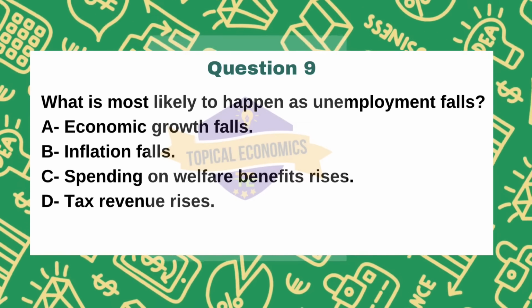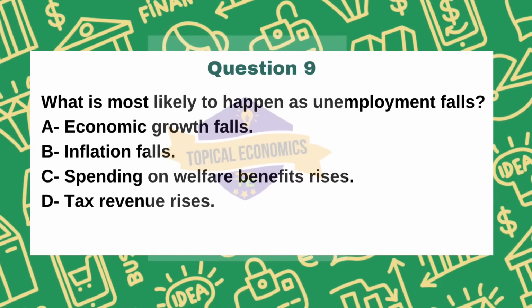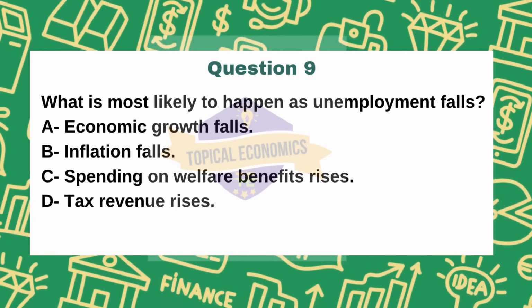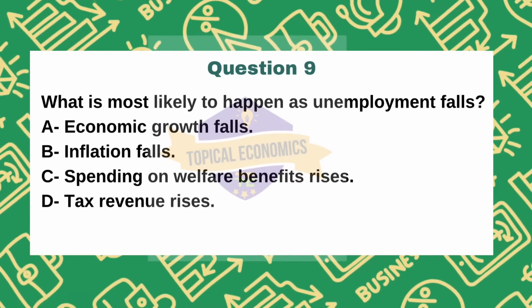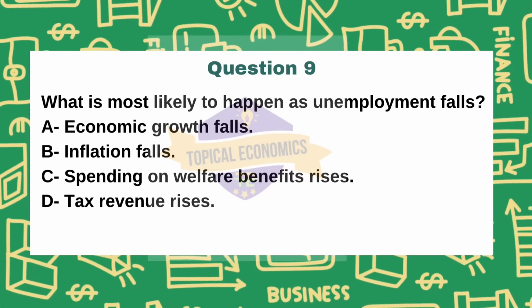And option C. Spending on welfare benefits rises. With lower unemployment, fewer individuals would be reliant on welfare benefits, which would likely lead to a decrease in spending on such programs. Overall, a decline in unemployment is usually associated with a rise in tax revenue.